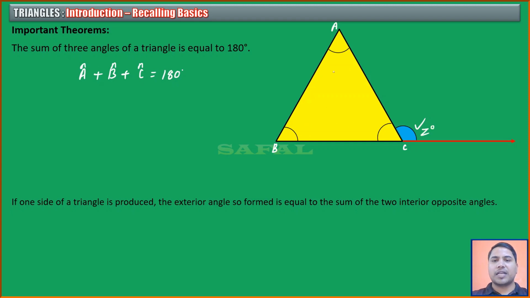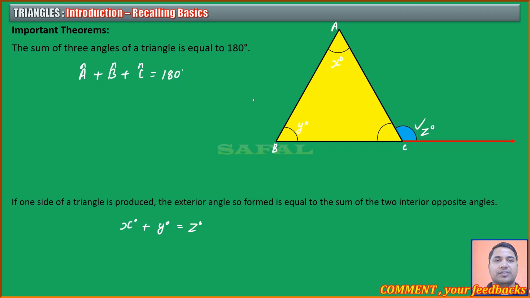The interior opposite angles are A and B. Let me call this X degrees and this Y degrees. So as per theorem 2, X degrees plus Y degrees is Z degrees. That means the exterior angle is equal to the sum of the two interior opposite angles. These two theorems are very basic and we will be utilizing them in many cases.